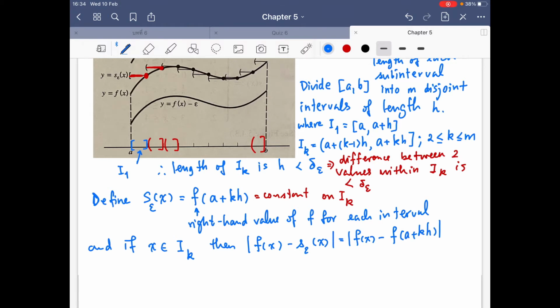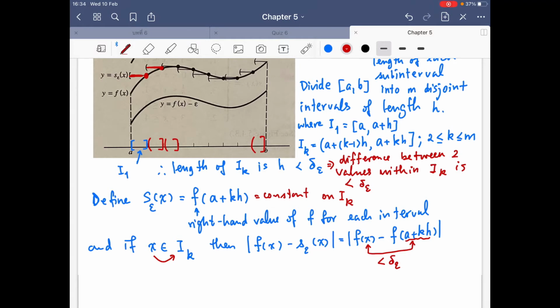However, because x is inside this interval, this other point is just at its right-hand side, so the distance between them is less than delta epsilon. This is only the input: the distance among them is less than delta epsilon.